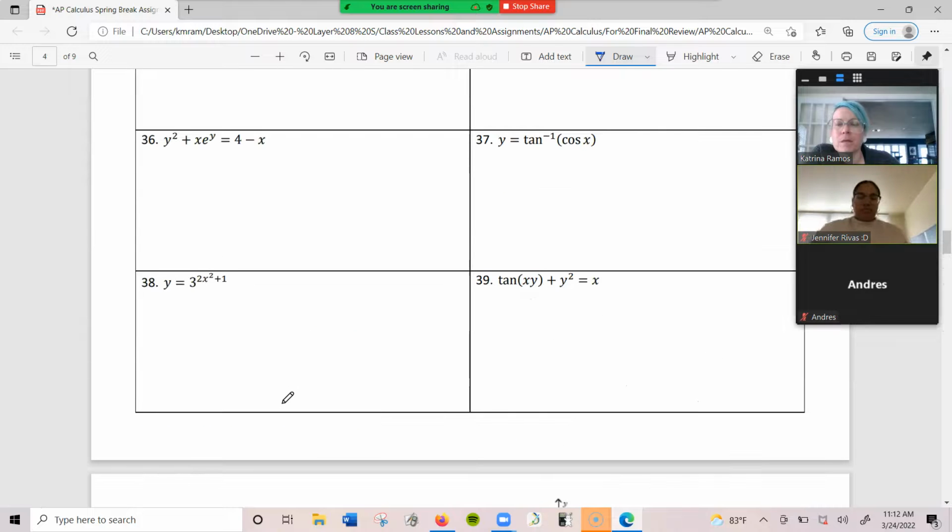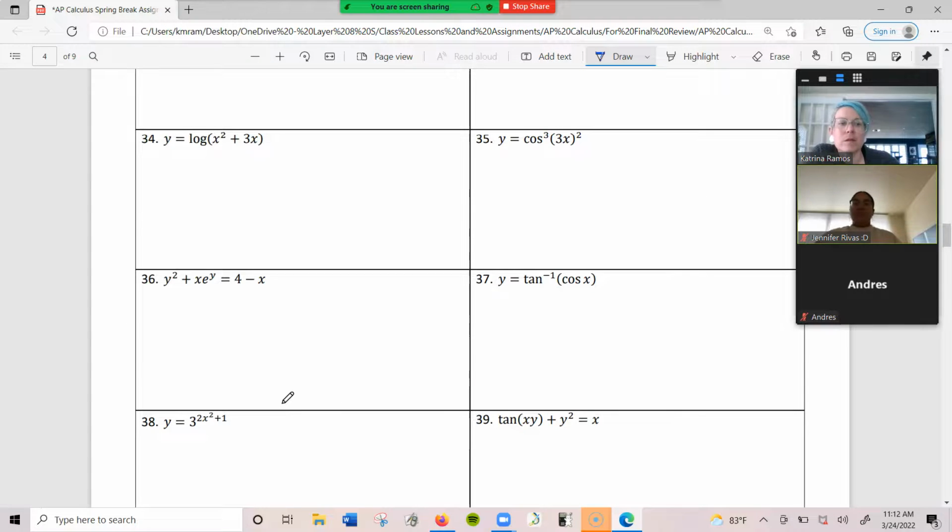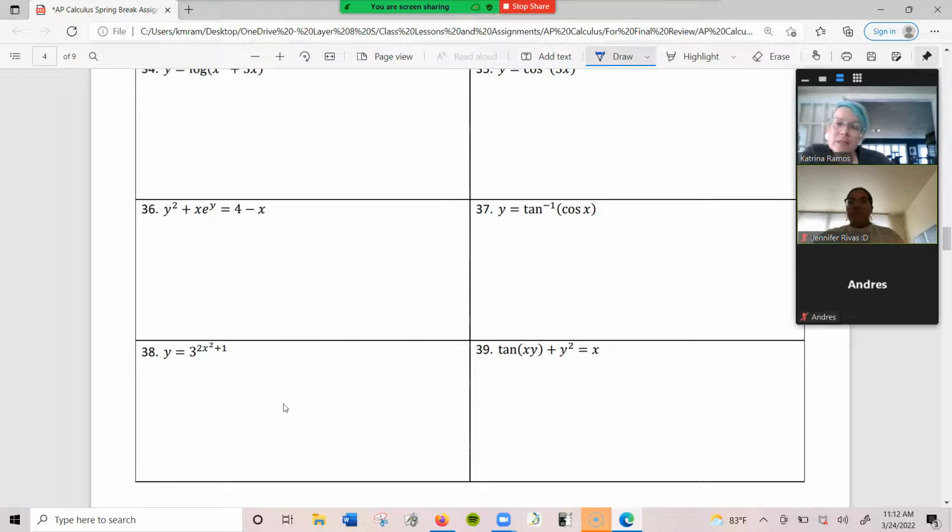Okay, so this is implicit since you see how you have y not by itself. So whenever you take the derivative, you just take it like normal, like y squared would be 2y, but then we're always going to multiply by dy dx. Plus, then x e to the y, this is a product. So we're going to have to use the product rule because you have x and then times e raised to the exponent of y.